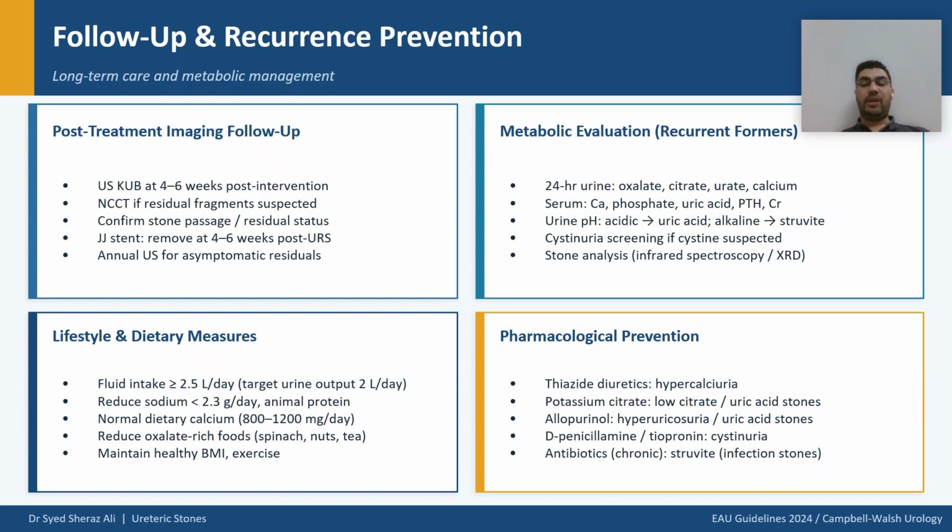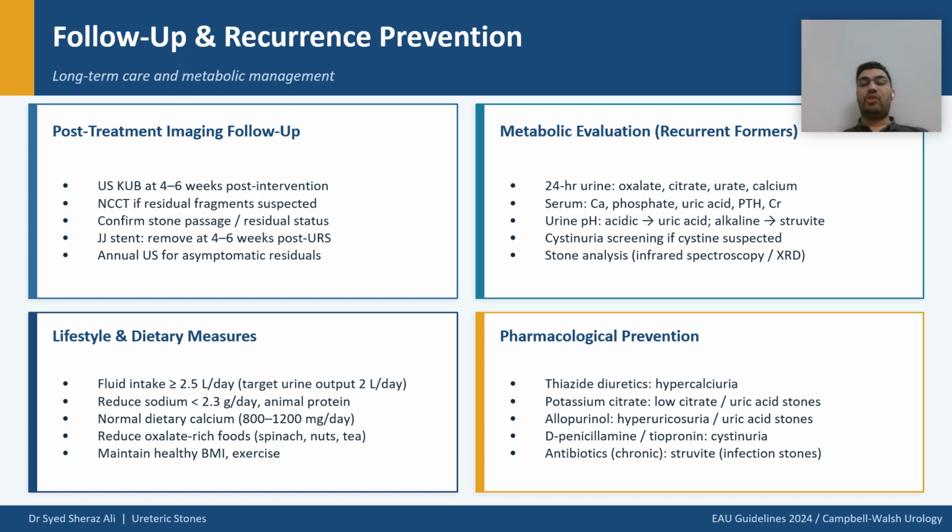And now pharmacological prevention. Thiazide diuretics reduce urinary calcium and are used for hypercalciuric stone formers. Potassium citrate alkalinizes the urine and increases citrate, used for hypocitraturic and uric acid stone formers.